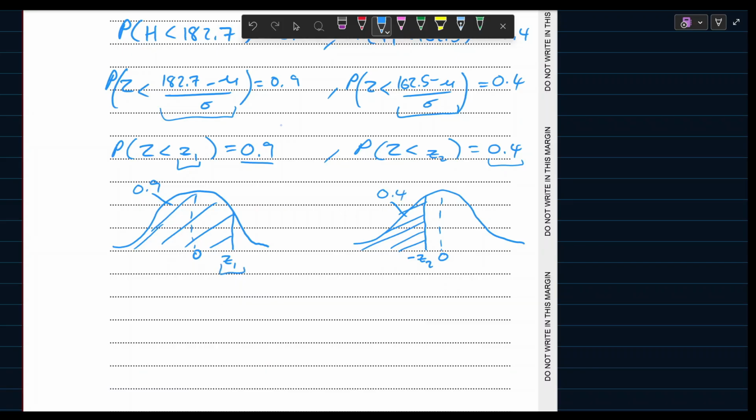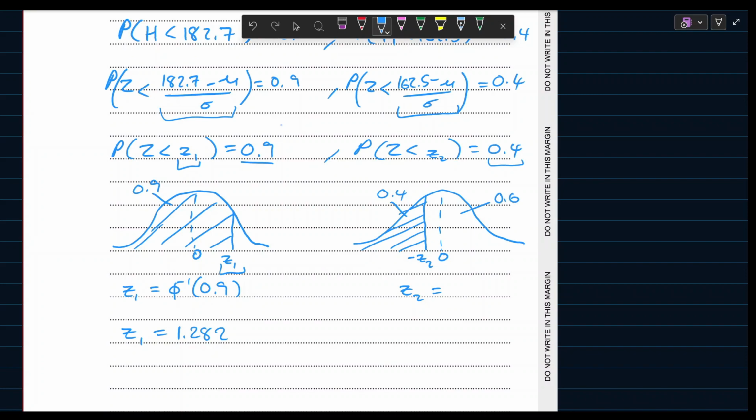Okay, so how would we find z1? z1 would be arc-phi of 0.9, our area here. So just read your tables in reverse and find the z value that corresponds to a probability of 0.9. That's going to be 1.282. And then to find our z2, if you look at your normal distribution tables, the areas start from 0.5, so we can't use 0.4, but instead we can say 1 minus 0.4 to give us 0.6.